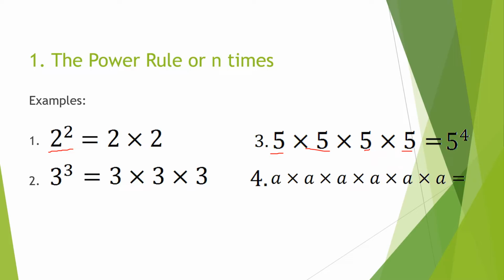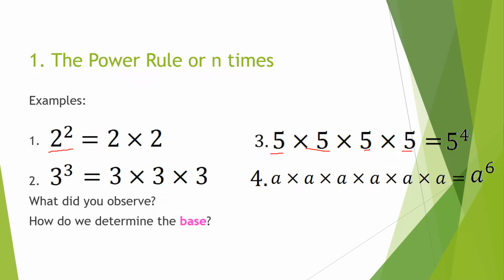Similarly, let us do the same thing for example number 4. So we have a times a times a times a times a times a. When written as an exponential expression, it can be written as a raised to 6. With that example, what did you observe?